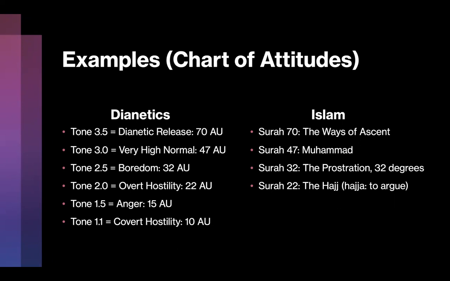Yes. Now look at anger. Not only is it 1.5, but it's also 15 attention units. The word for anger is el-hijr, and the word hijr also means suppression. Excellent.